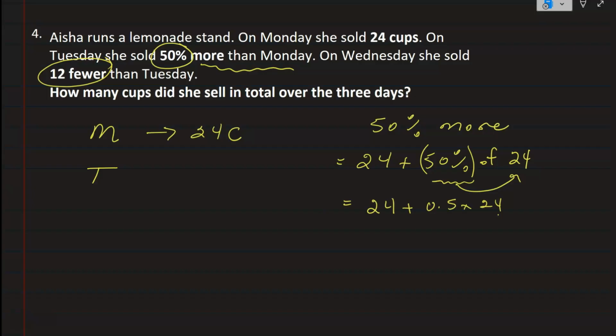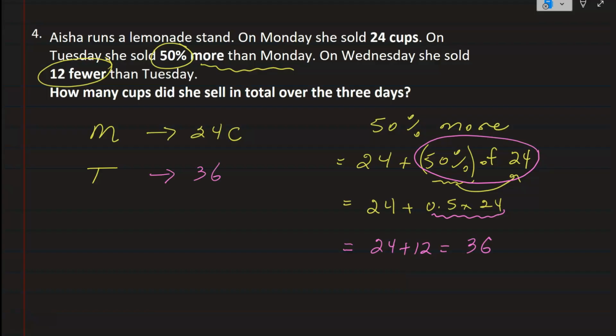This is the translation here. Whenever you say of, it means multiplication. All right, so total, what do you get? You get 24 plus 12, that is 36. That's how much on Tuesday Aisha sold.